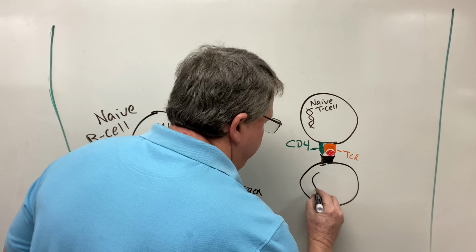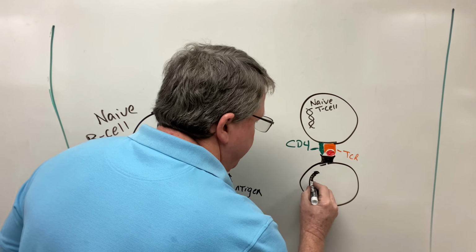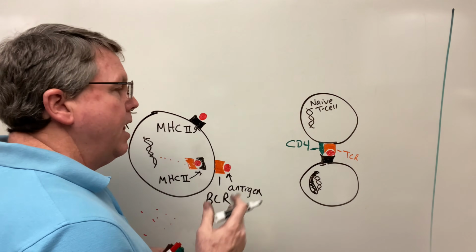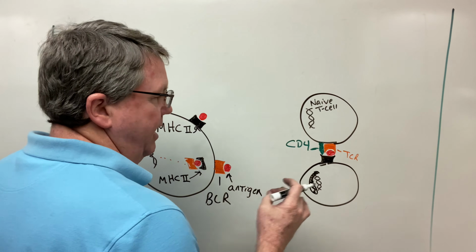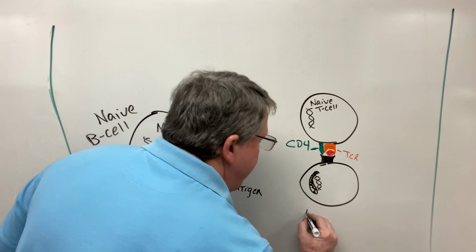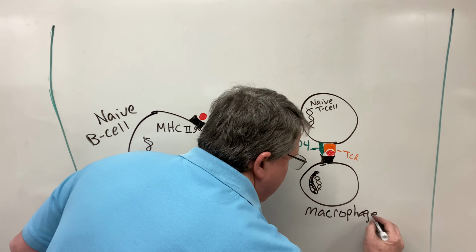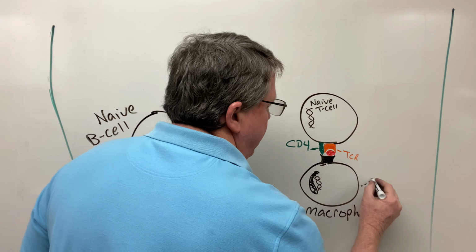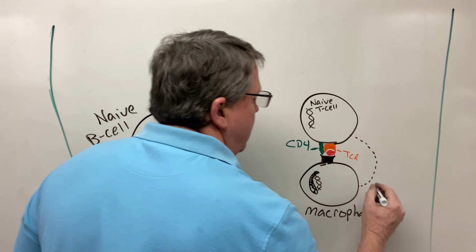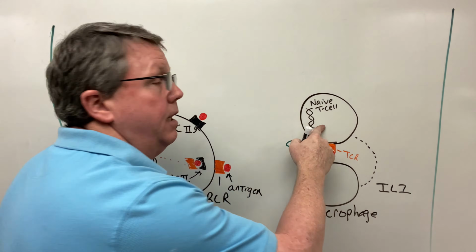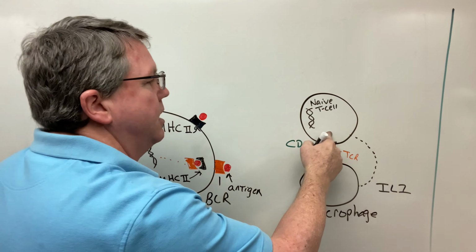And I'm just going to put this right here, that's my nucleus, and inside all nuclei we have DNA. Once this is bonded, my macrophage is going to release something called interleukin. It's going to release interleukin 1, which goes up to the naive T cell and starts to activate it.